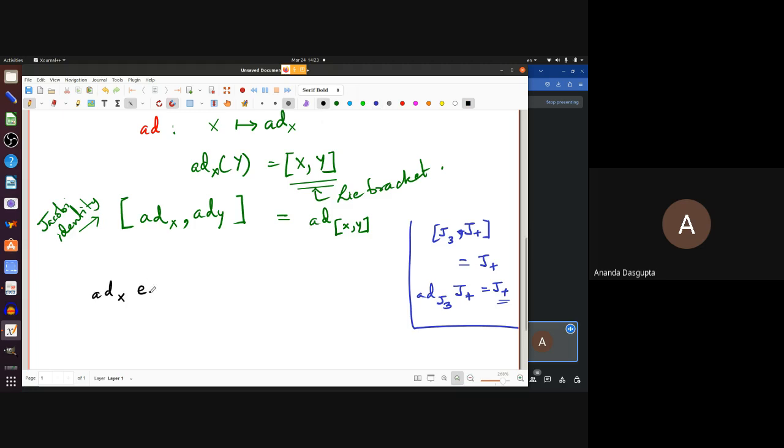You apply it on some basis vector, let's say Ej. You get another vector, of course, and you write that as a linear combination. So basically, the matrix corresponding to X is the Kjth element, right? Is that okay?